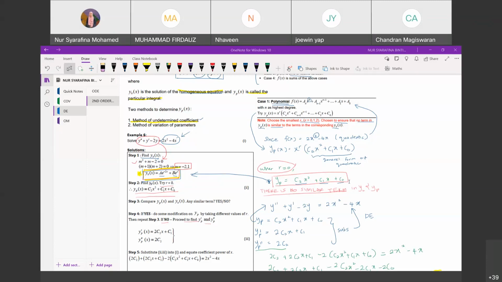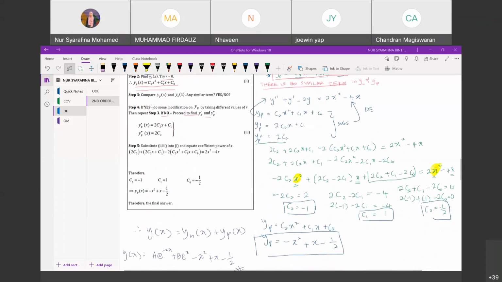If no, then just proceed with matching with the differential equation. If yes, then repeat the process with the next value of r. Once you substitute into the differential equation, you can compare left and right hand side to find the constants of YP. Once you get all the constant values, substitute back to YP and combine both YH and YP.